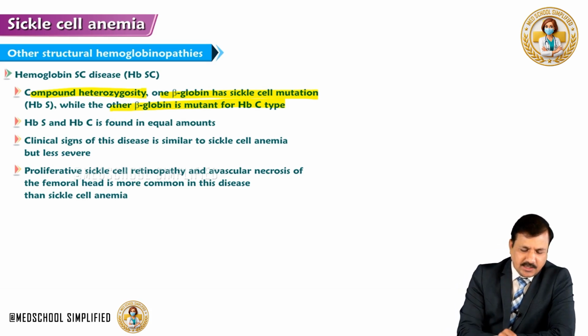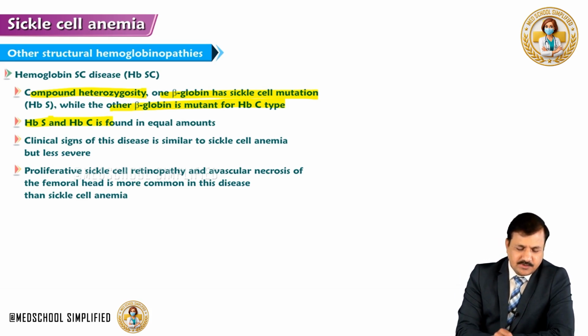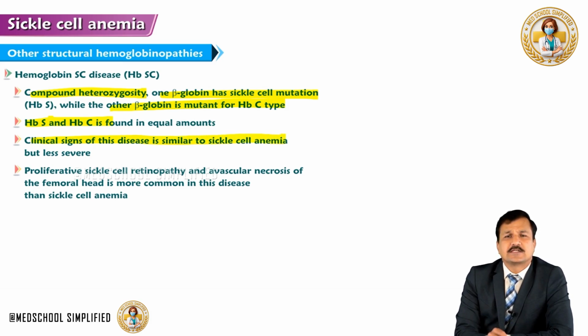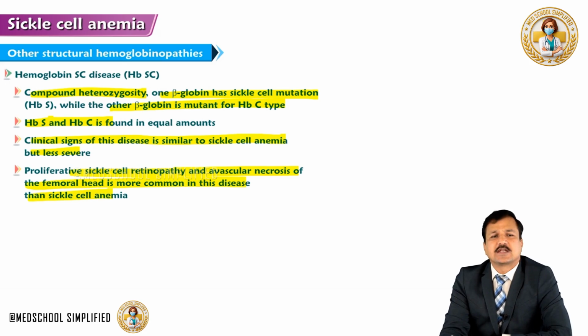So there will be equal amounts of HbS and HbC found in the red blood cell. Patients will show clinical signs and symptoms similar to sickle cell anemia, but it is less severe. Proliferative sickle cell retinopathy and avascular necrosis of the femoral head are more common in this disease than sickle cell anemia.